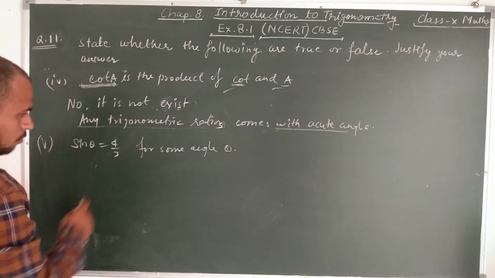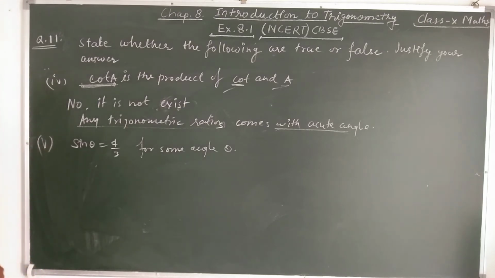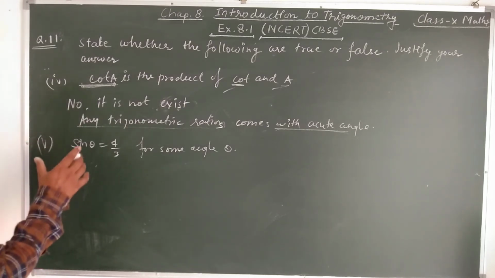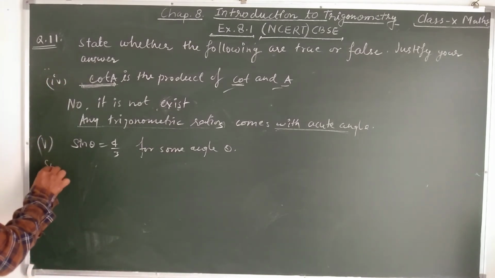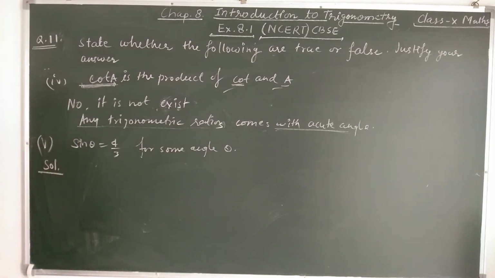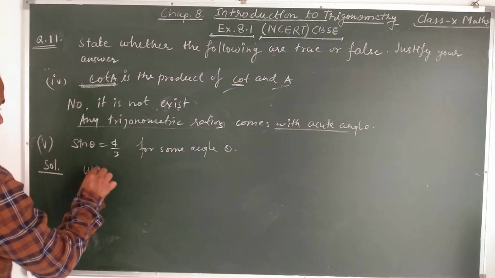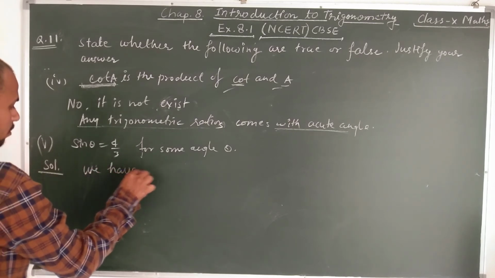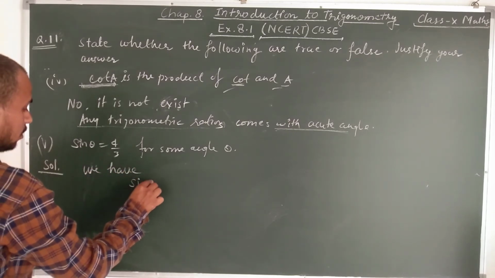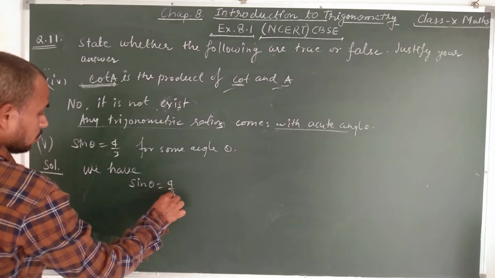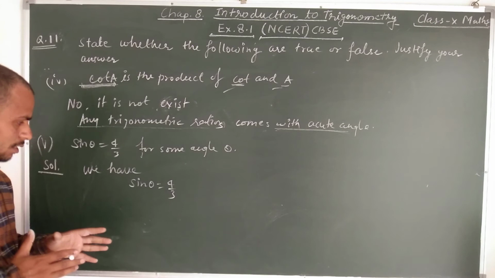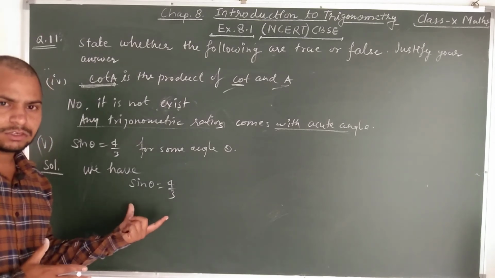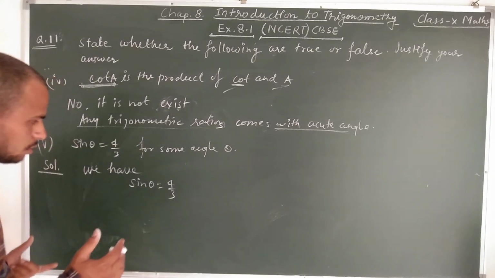We have sin theta equal to 4/3 and we have to show whether this is true or false for angle theta. First of all we have to check whether this value exists. So let's check it.